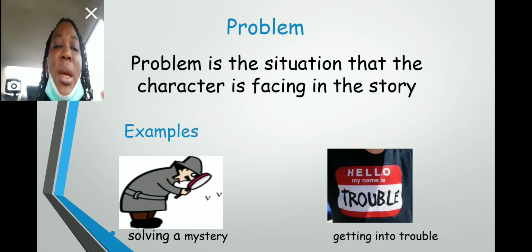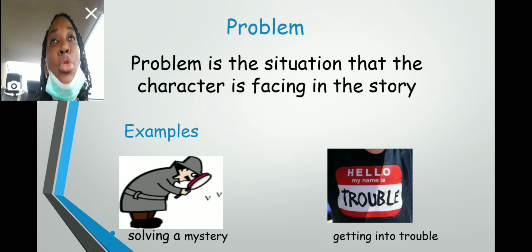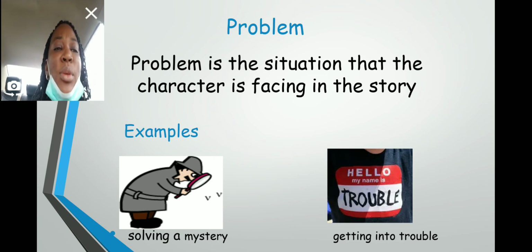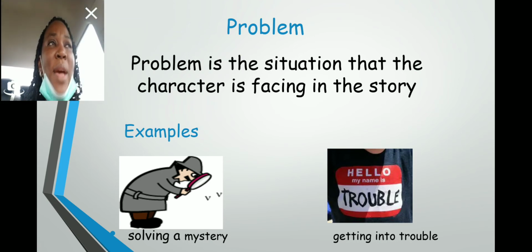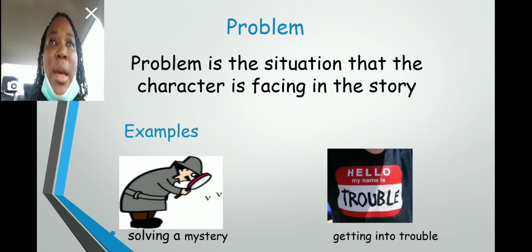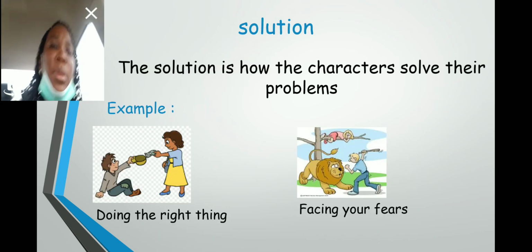Or the problem may be that the character got into trouble and needs to get out of trouble. So whatever situation is like a conflict, like a fight, like an uncomfortable situation that the character encounters in your story, is the problem.